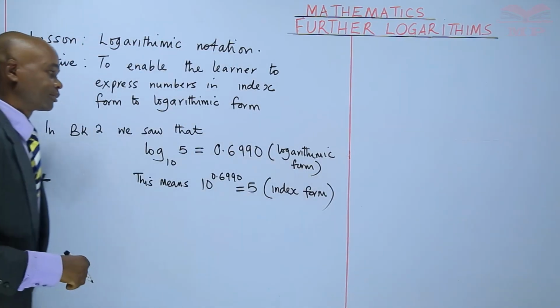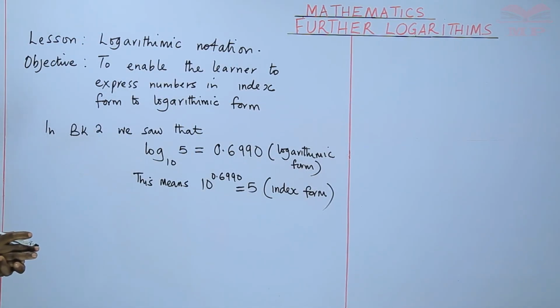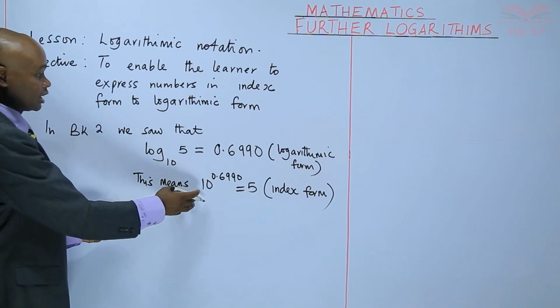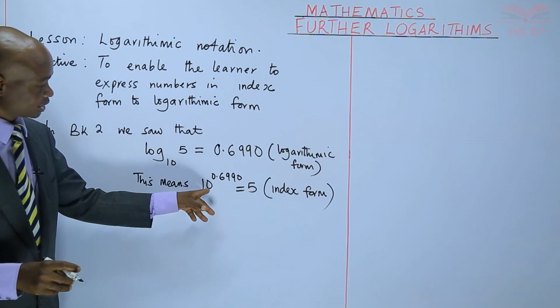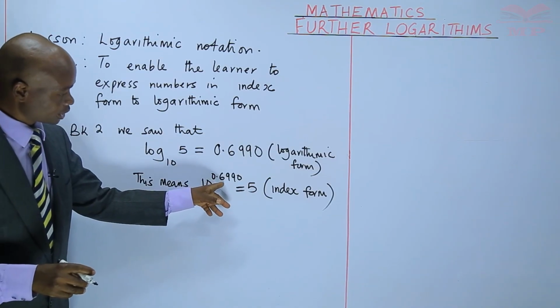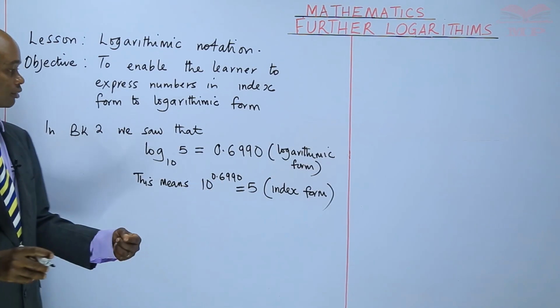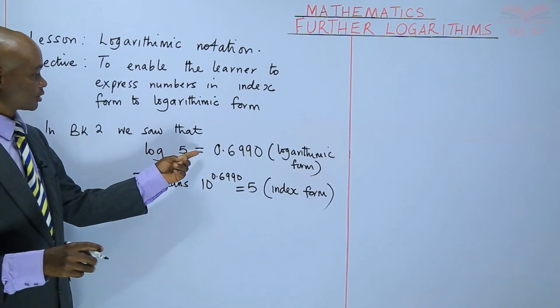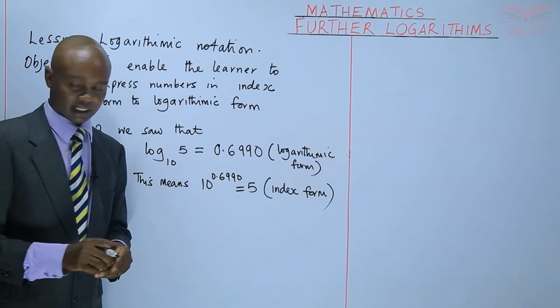So from there, it will be very easy for us to build up when we talk of changing from index form to logarithmic form. So if you are given 10 raised to 0.6990 is 5, to change it to logarithmic form, you'll say log of 5 to the base 10 is 0.6990.